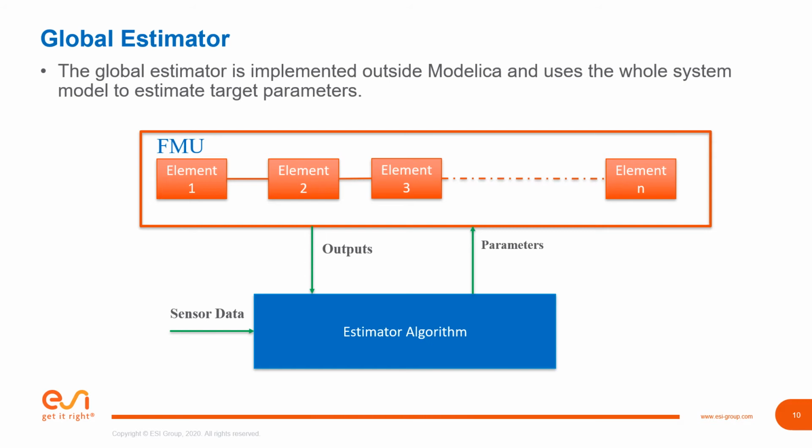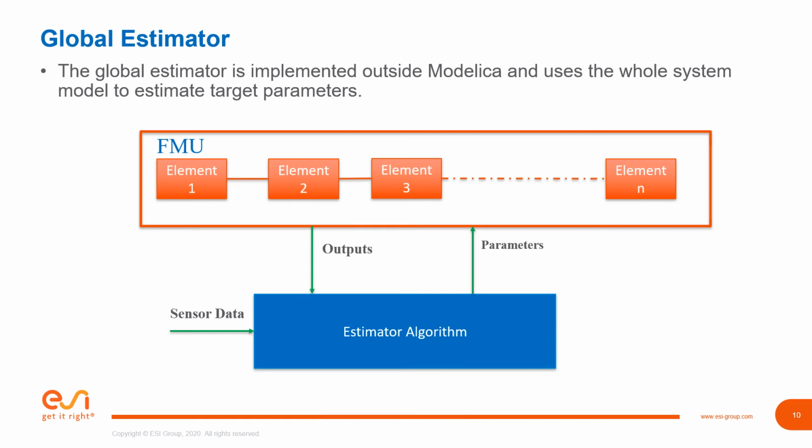The block diagram here explains the global estimator. So what we have here is the estimator algorithm. The input of the estimator algorithm is the sensor data and the outputs from the model, which was converted to FMU. So the estimator uses the model as a black box, without needing to know exactly what is inside the model as mathematical equations.